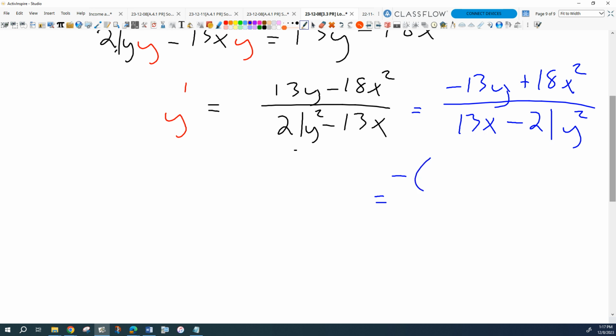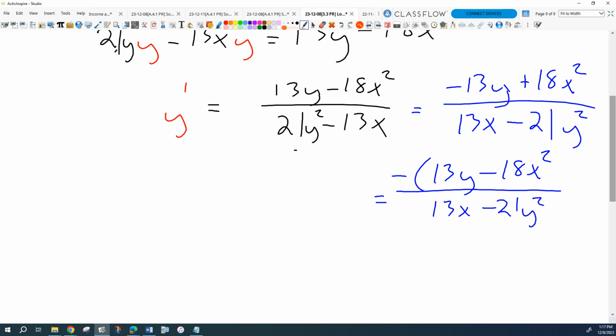You'd have to factor a negative out of the top. Now that's a factor of the top, so I could pull it out front because it's being multiplied by everything on top. See the difference?